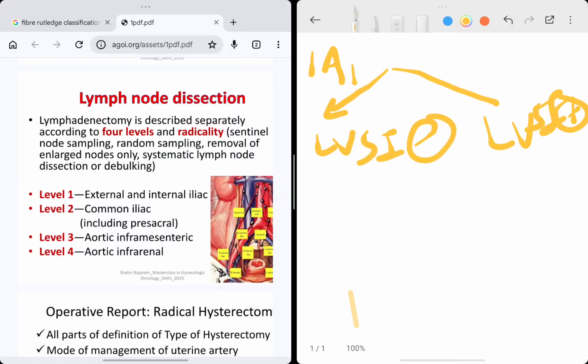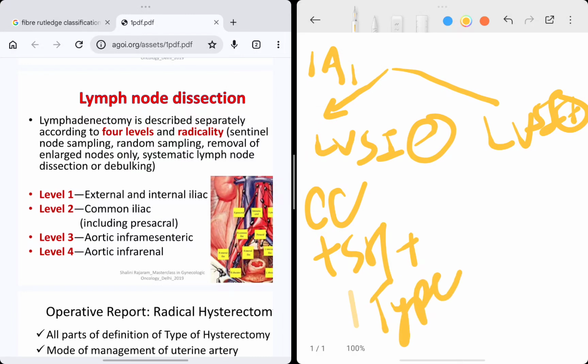we can offer the patient cervical conization, which is the treatment for pre-invasive cancers of the cervix. So here cervical conization can be done, or a simple hysterectomy, known as the extrafascial hysterectomy according to the Piver-Rutledge-Smith classification, can be offered, or you can say type A hysterectomy according to the Querleu-Morrow classification. Now in stage 1A1 with LVSI, the option we have is modified radical hysterectomy.